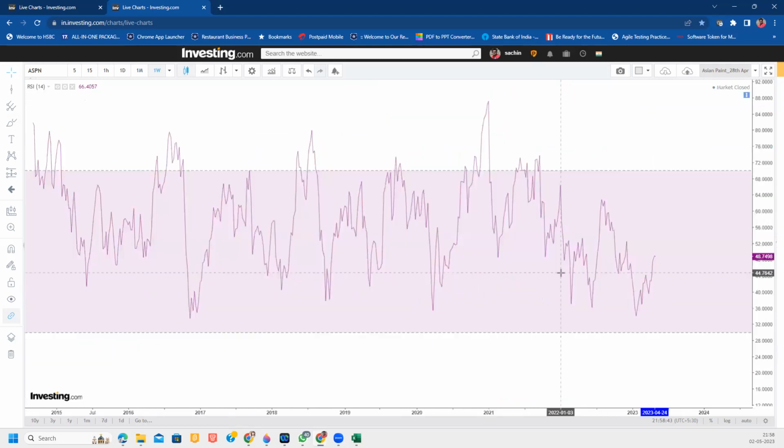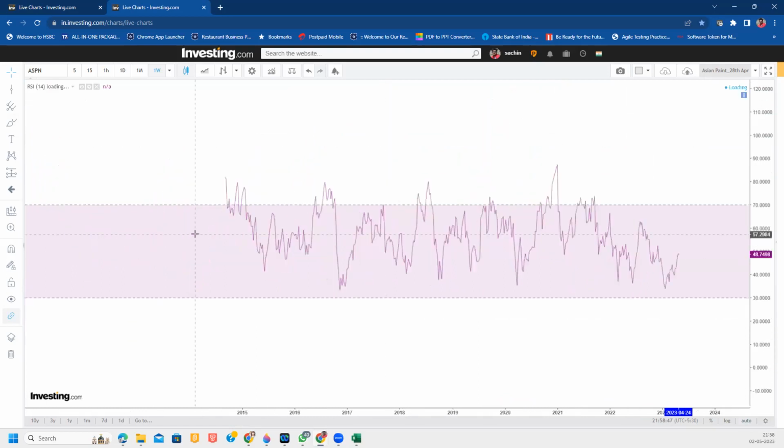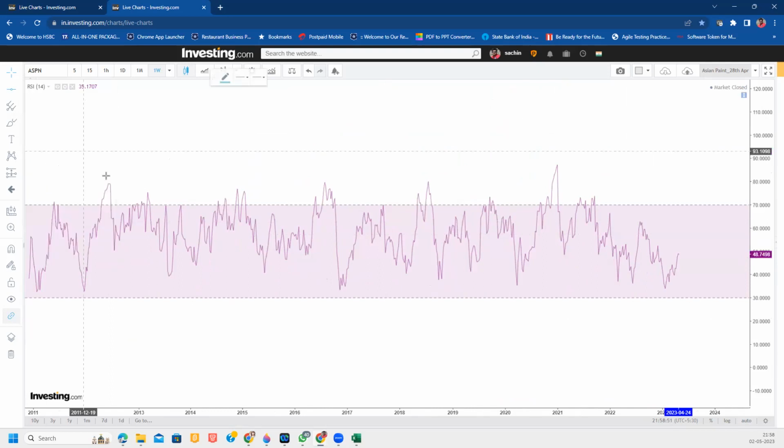If you look at the value of RSI alone, whenever it is reaching above 60, I'm just putting a line here. This is already between 70 and 30. After reaching 70, it is becoming even 79 or 80, or sometimes even more.